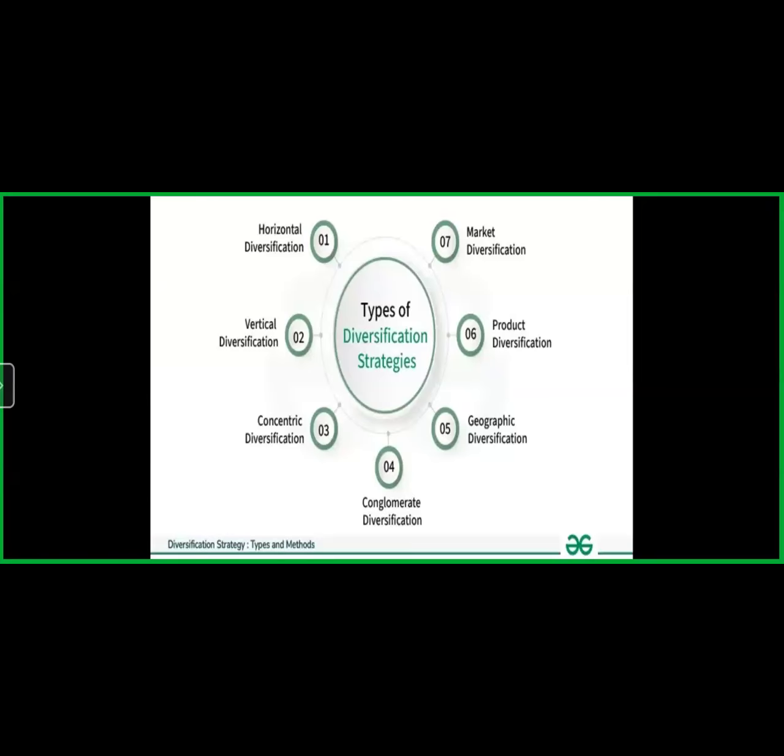So right now, if the company is making four products, then they decide that instead of only four products, we will go for more products. We will add five products, then six, seven, eight, and that is called product diversification. Many companies have gone for product diversification.